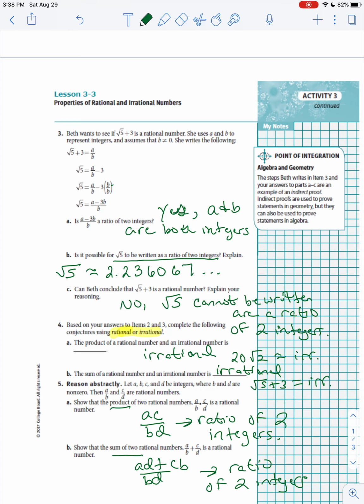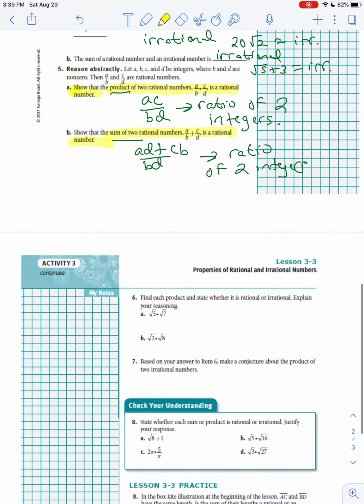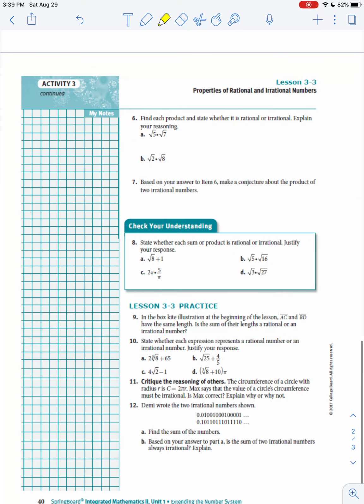So we are showing that in both cases, the product of two rational numbers is rational, and the sum of two rational numbers is rational. So basically, two rationals will make a rational. A rational with an irrational will be irrational. That's kind of what this lesson is wanting us to show and to see.